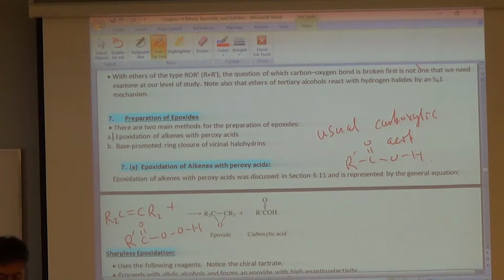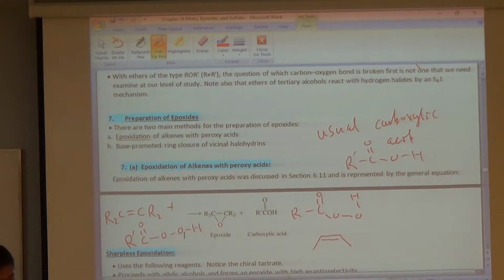So briefly, the mechanism is kind of interesting. If I take a double bond like this, and I have an R and a C bond, and I have O and H like that. These are peroxide acid.